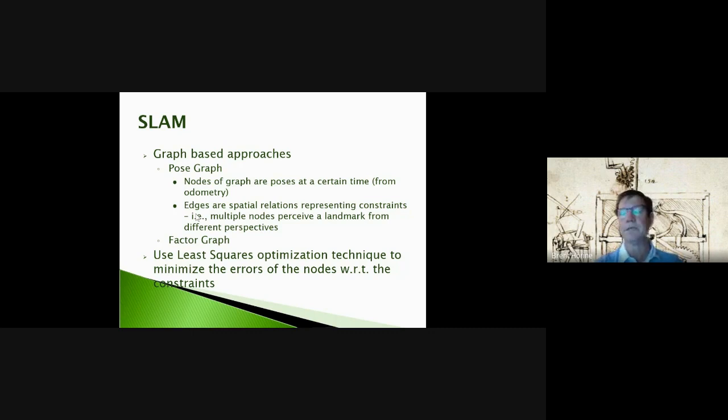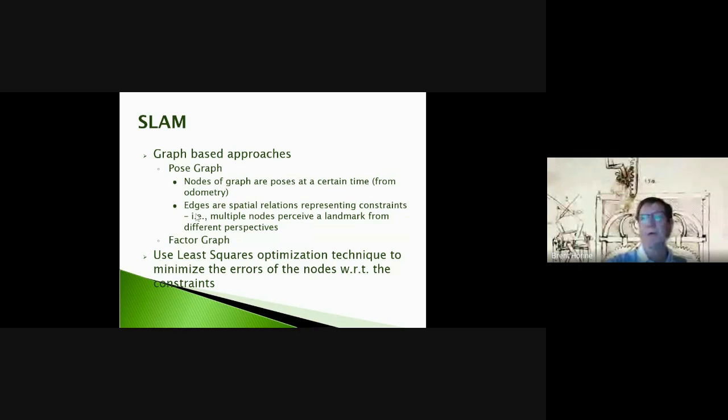Basically we can take, let's say, the image that we have sensed. Maybe it's a camera image, or maybe it's a LiDAR image or something, but it's data. And we're going to transform it based upon what we think we need to align it with a perception of that landmark.